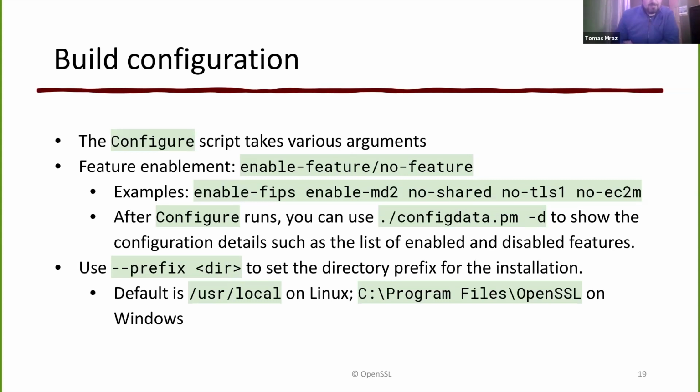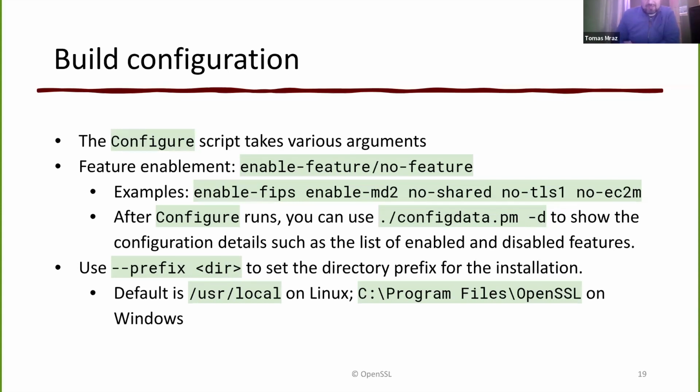The examples are here. For example, the FIPS module is not built by default because not everyone needs it, so you need to use enable-fips for the FIPS module to be built. There are also some old legacy crypto algorithms that are no longer used and not built by default, so you need enable-md2 to build MD2.